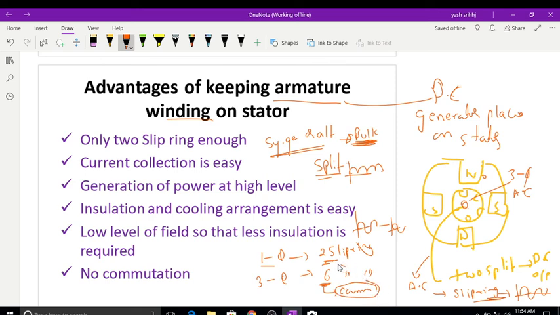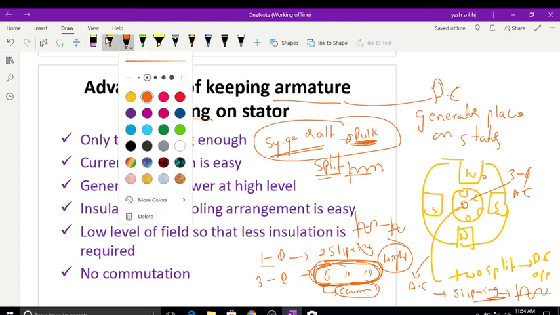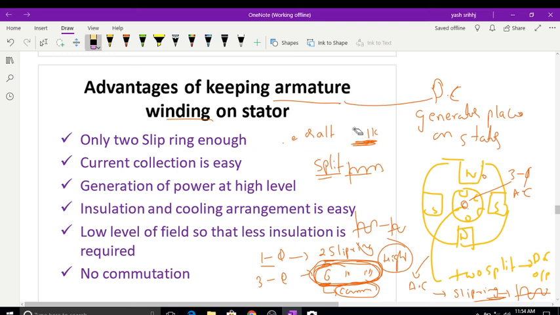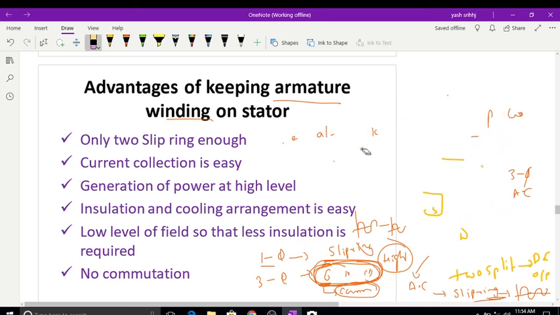Also six slip rings are required, and these will not collect the current accurately, and they will get damaged due to the high currents of the alternator. To avoid such a problem, we should place the armature winding on the stator.